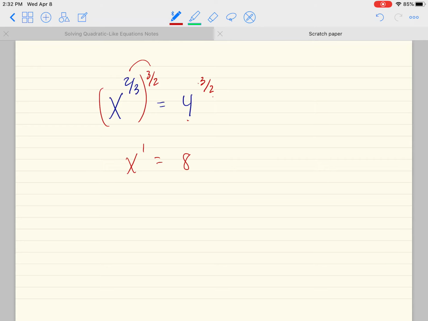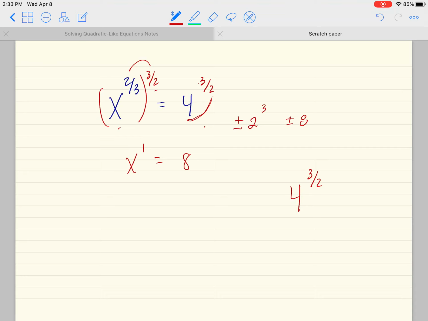Whereas if I had done this the other way, well, I had it here. If I had done this the other way, these will cancel and give me x to the 1st. And then 4 to the 3/2 is the square root of 4, which is 2. And then 2 cubed, which is going to be 8, the one solution. Unless here, right, square root of 4 is technically plus or minus 2. And then when we cube that, we get plus or minus 8.